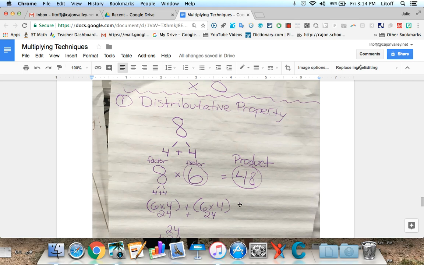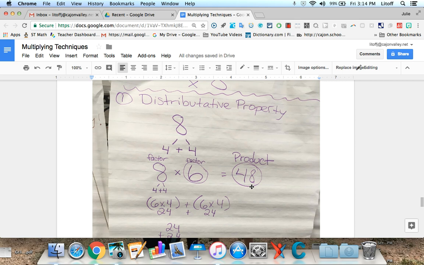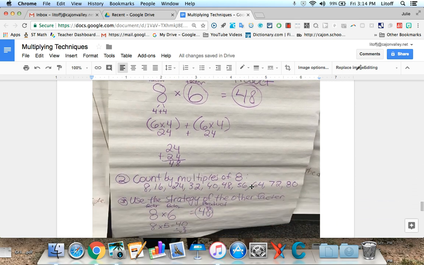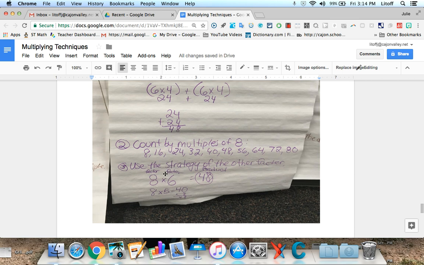And then you can add those two together to get the product, which is 48. You can also count by multiples of 8, or even use the strategy of the other factor. If we have 8 times 6, we know one strategy for 6 is do 8 times 5 and then add 8 more. That might be easier than one of the other strategies, so you can decide.